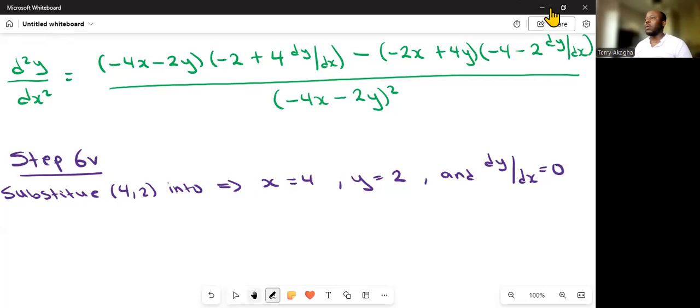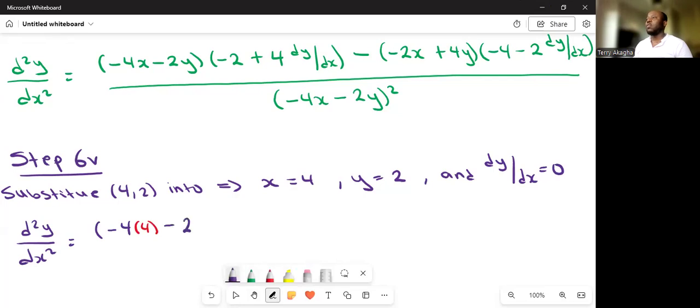So let's go. We have d2y over dx squared equal to minus 4, instead of having x, I'm going to put this 4 here. Are you seeing it? Then minus 2, instead of having y, I'm going to put 2.